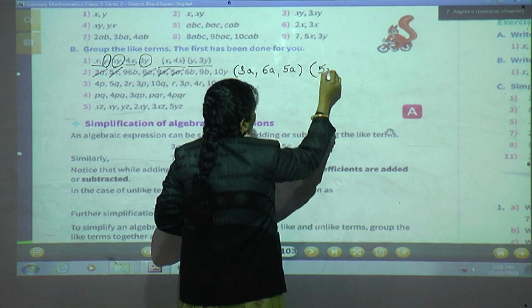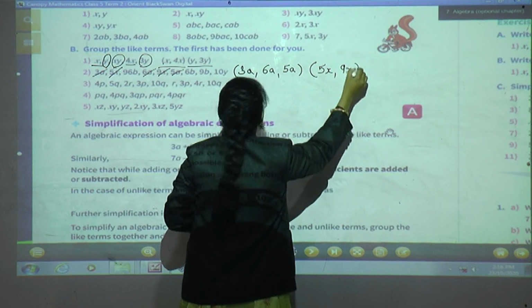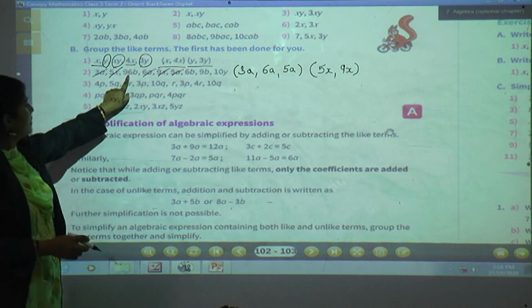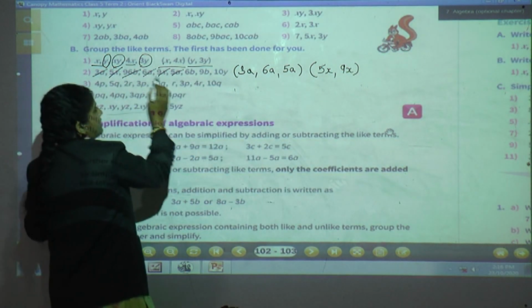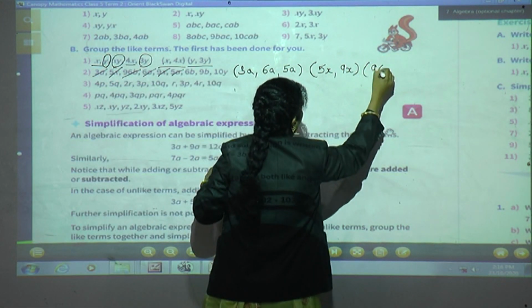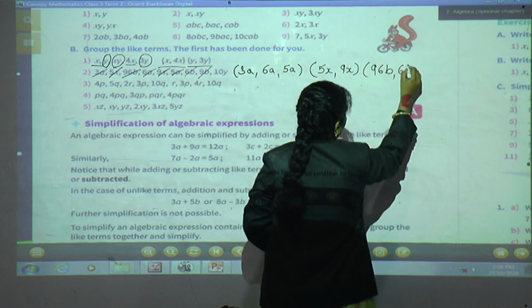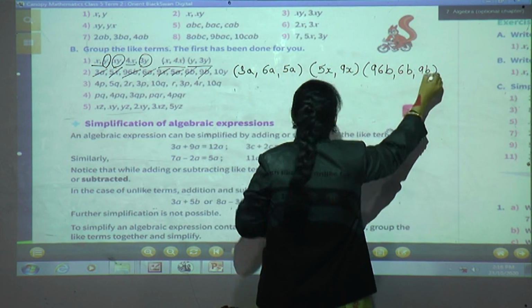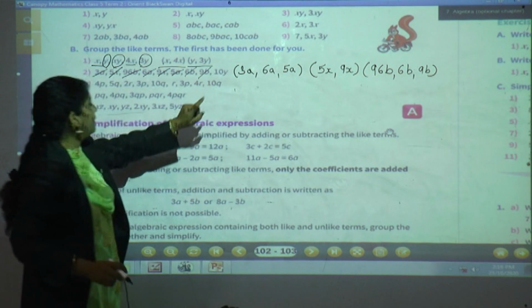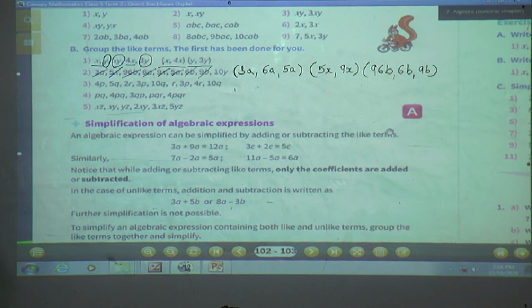Here b terms, 6b and 9b. But 10y is alone here. There is no pair for y, so that's why we will not write it in the answer. Similarly, we can solve the third one.